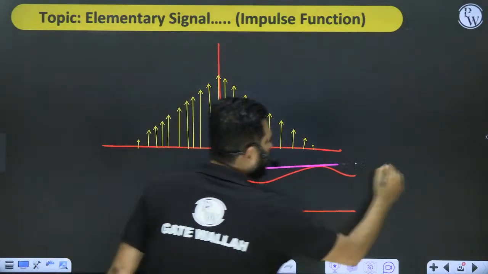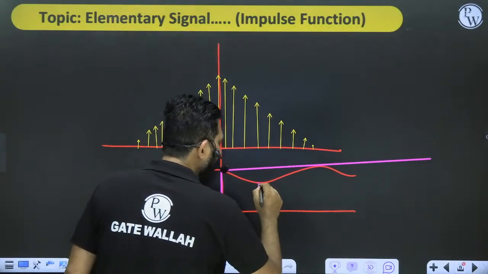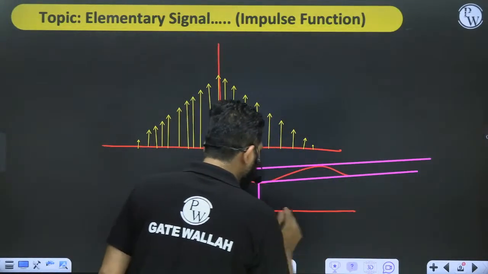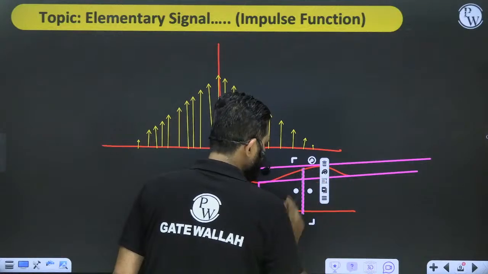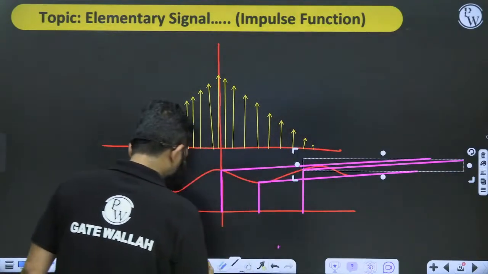Suppose I decided to write this function as a step function. So what I did is, I added multiple steps at each and every point. See, let's change the color.